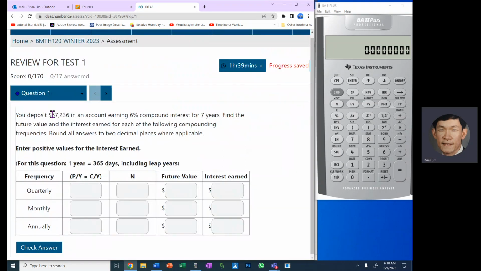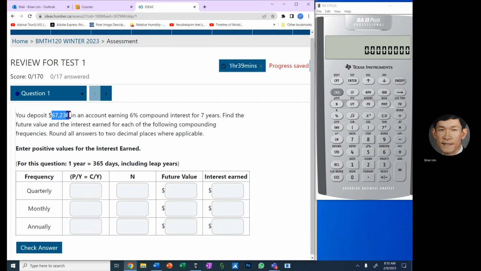Okay, your deposit of $67,236, which would be what? Well, that would be a present value, correct? Yes. And in an account earning 6% compound interest for 7 years.